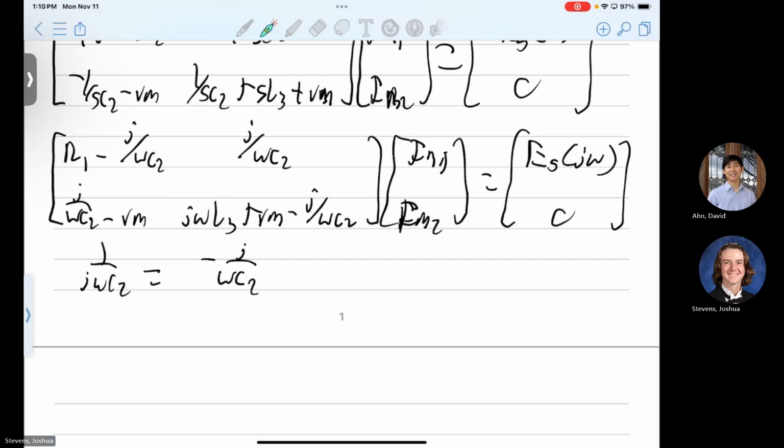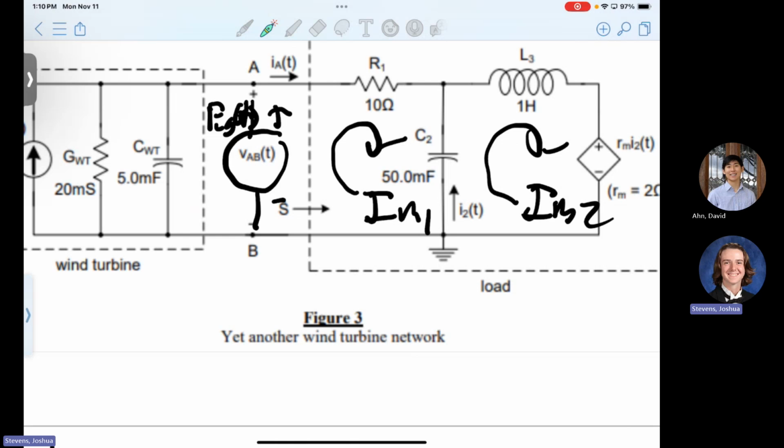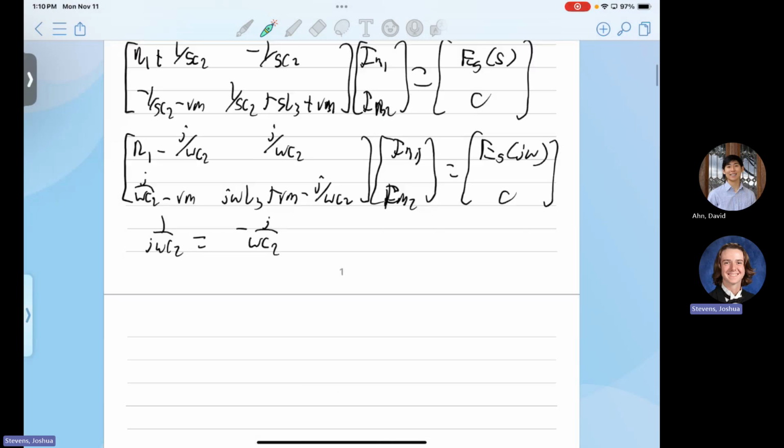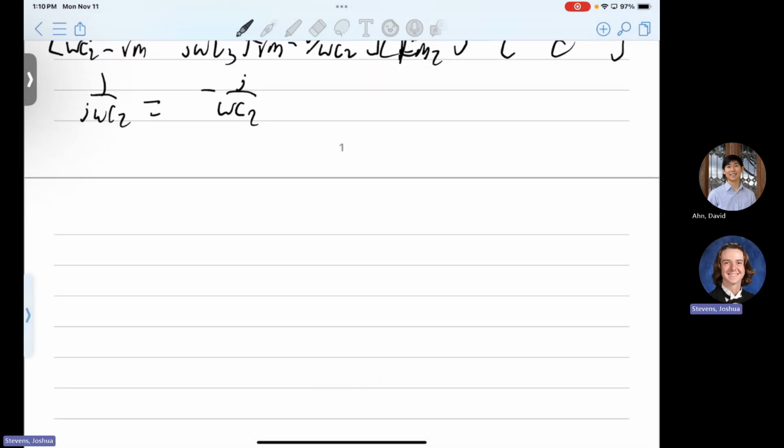So when putting in those values with a capacitor value of 50 millifarads, resistor of just 10 ohms, and an inductor of 1 Henry, we have these values. Y'all cool if I just skip ahead and put the values in? Okay, cool.